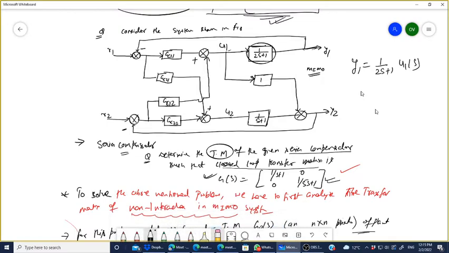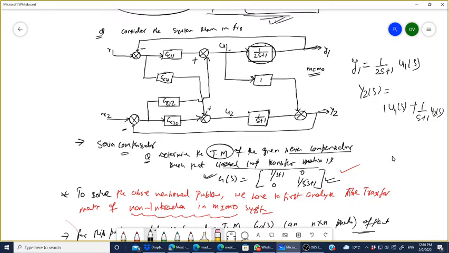Yes. y2s, what is y2s? y2s is nothing but 1 into u1s plus 1 upon s plus 1 u2s, yes or no?